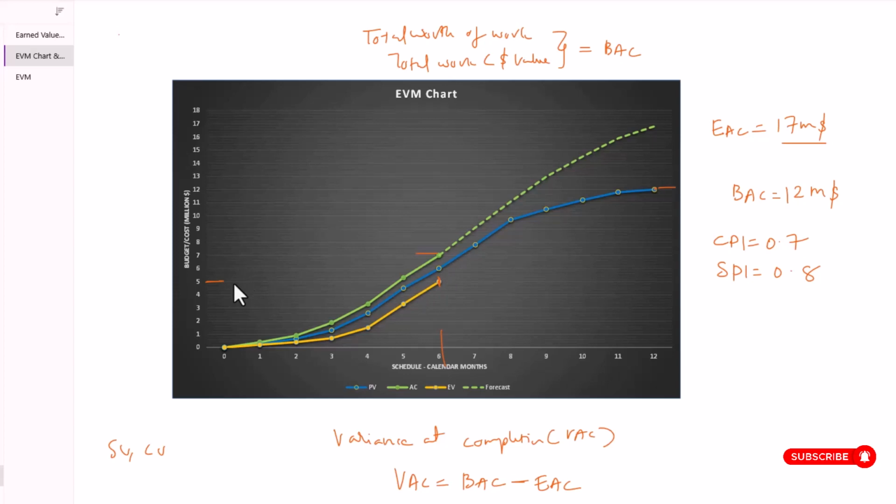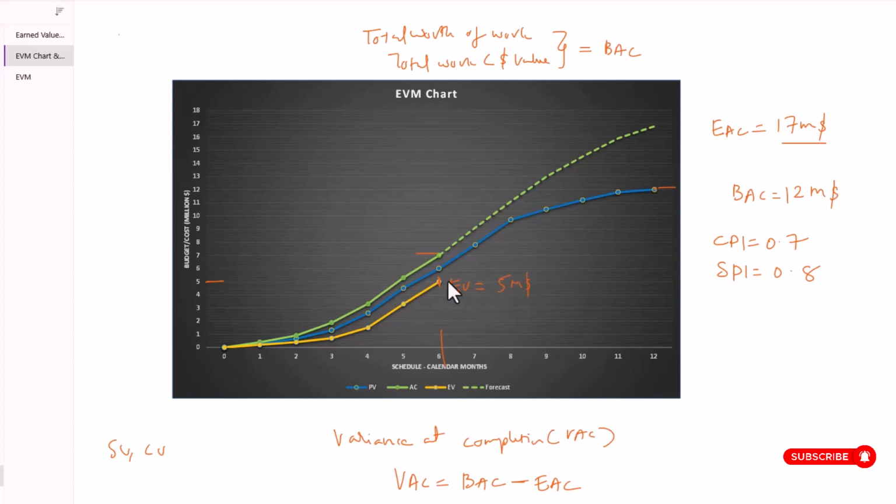That's the worth of work we have accomplished. For the 30 work packages, if you put a price tag, how much is the worth of this work? According to the plan, it is $5 million. So our earned value gives us how much work we have accomplished so far. In this case, this is 5 million.